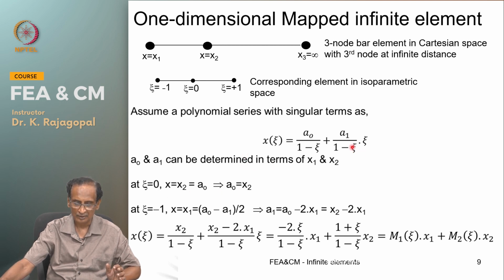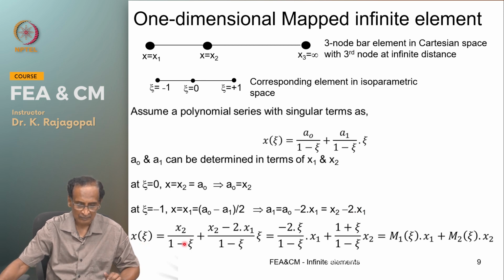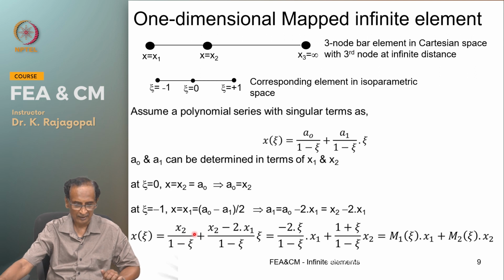That is, when you substitute xi of 0, our x is simply a0, which is equal to x2. Then we see that a1 is x2 minus 2x1, and our x of xi we can write as a0 by 1 minus xi plus a1 by 1 minus xi times xi, that is, x2 by 1 minus xi plus (x2 minus 2x1) by 1 minus xi times xi.